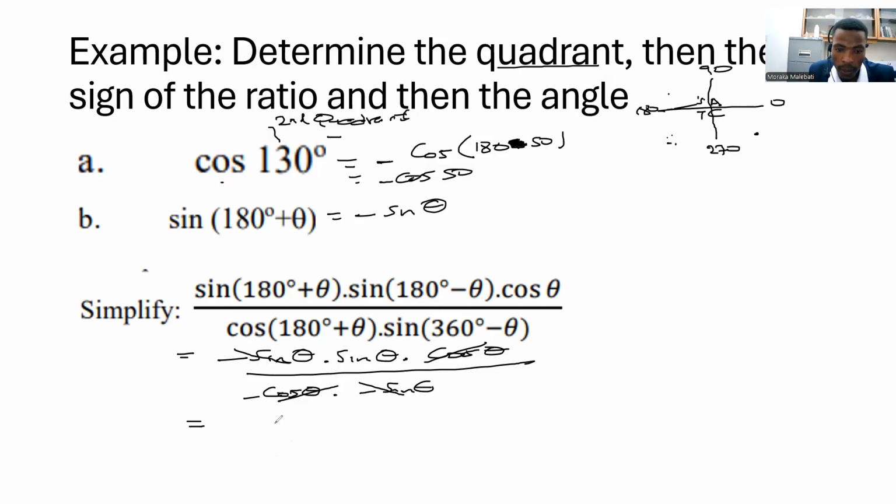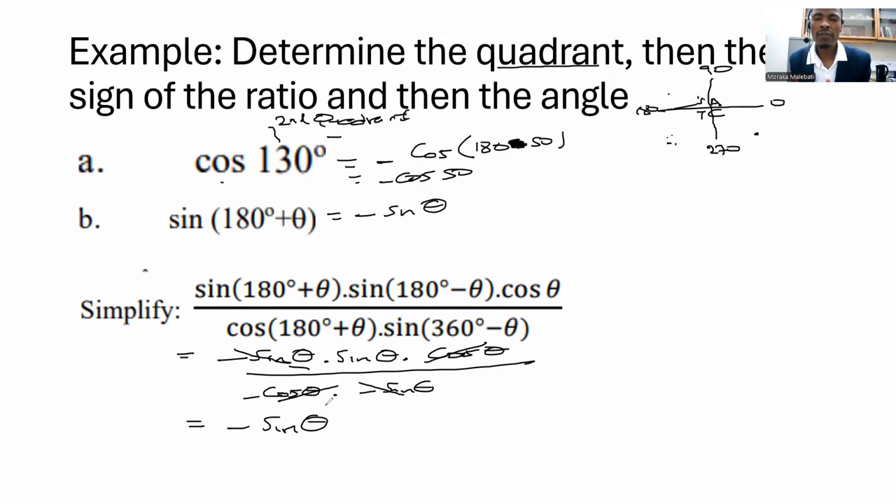Then what are we having now? We are still having the sine of theta. All right, yeah.